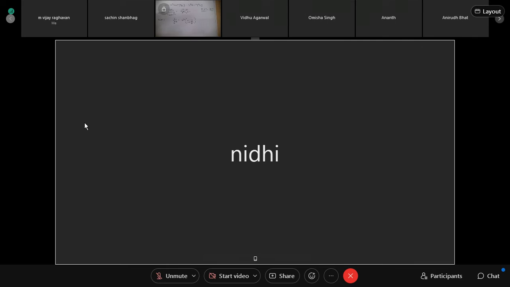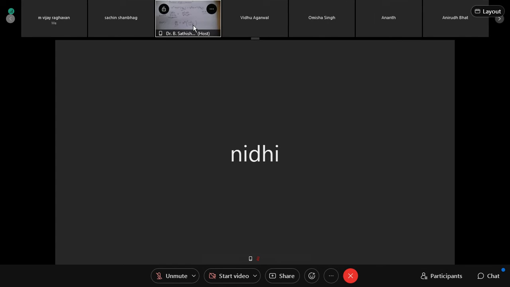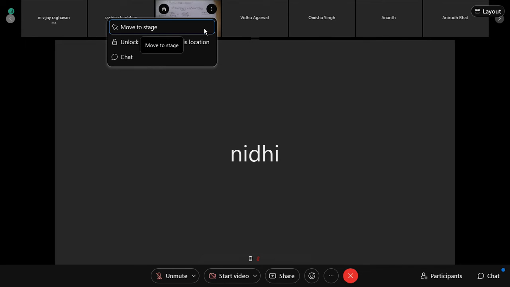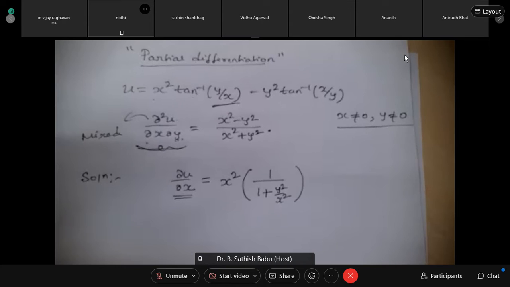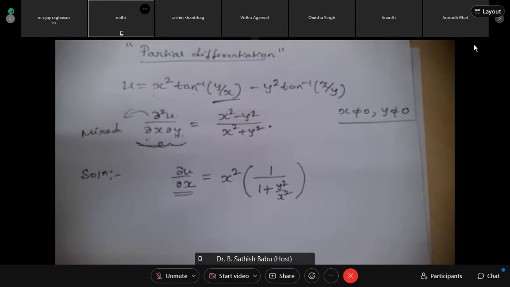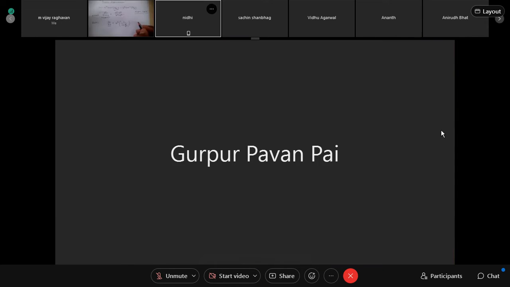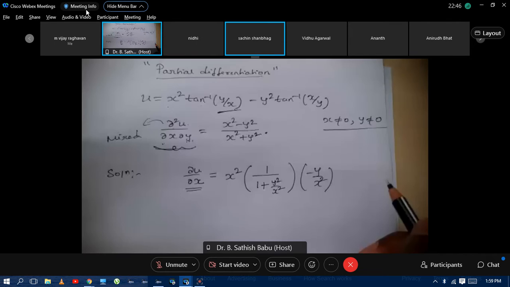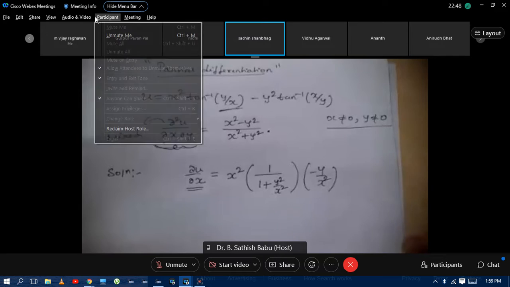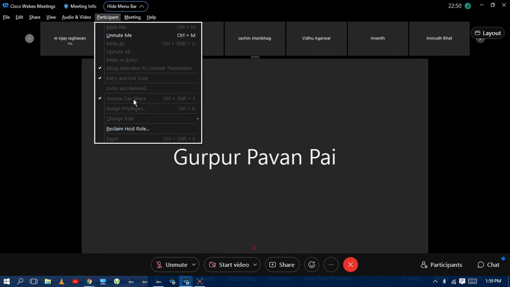Yes, sir. But I need to differentiate the interior term also, y by x. How can I differentiate that interior term? What happens to the interior term? It becomes minus 1 by x square into y, minus y by x square. Treating y as constant, 1 by x on differentiation becomes minus 1 by x square.